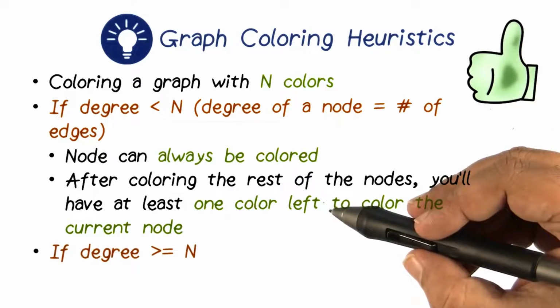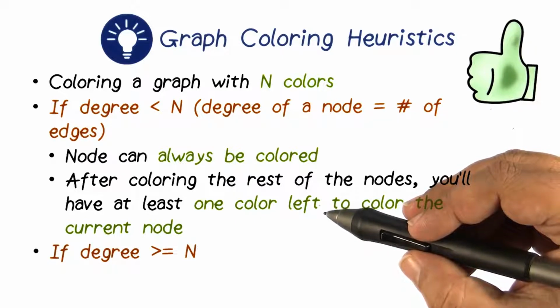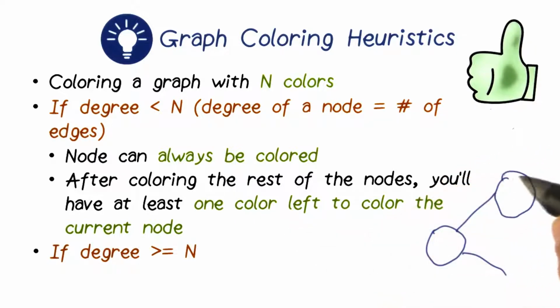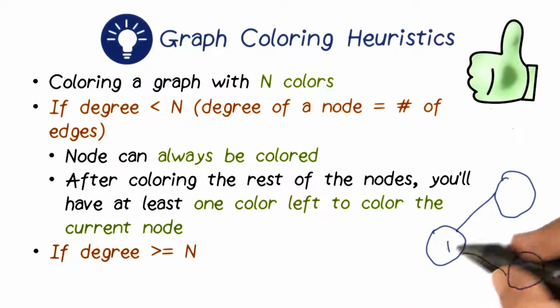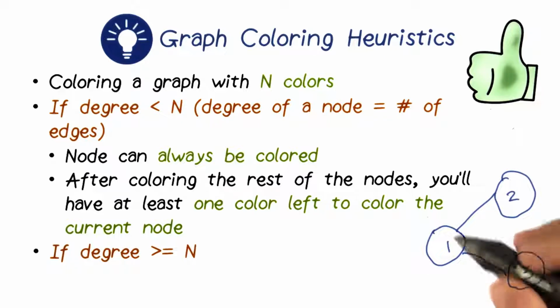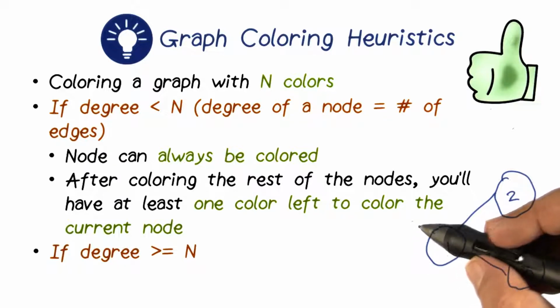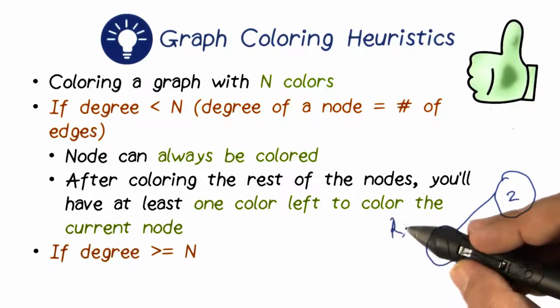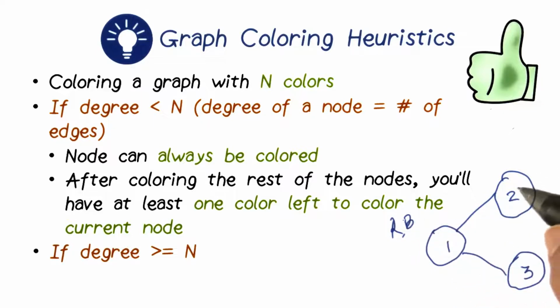Now the second case: what may be the case if the degree is greater than or equal to n? In this particular case, we could have two different situations. Again, this is our node 1, this is node 2, node 3. And let us say that in this case, we have only two colors available, red and blue. So let's say we give red color here, blue color there. Then what do we do with this?